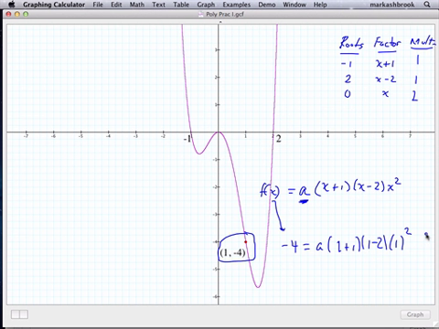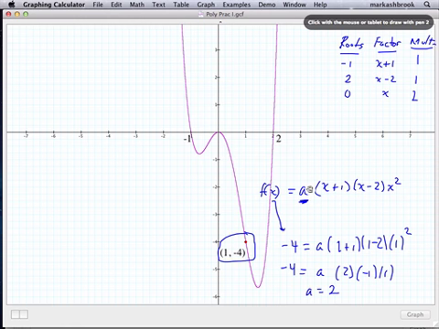But if you have a specific point on the graph, like a y-intercept or like 1, -4, we can nail down what A is. What does A equal? -4 equals A times 2 times -1 times 1. A is 2. Positive 2.